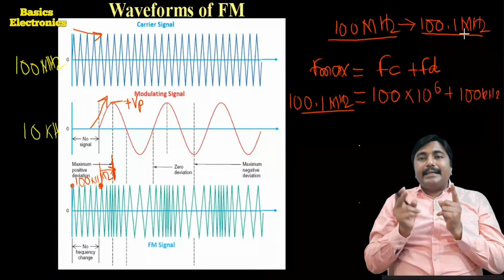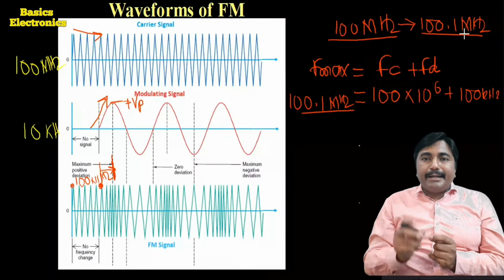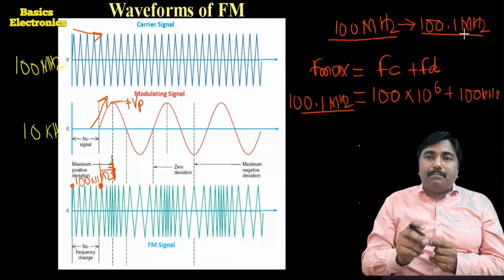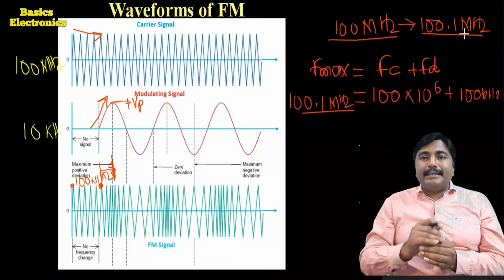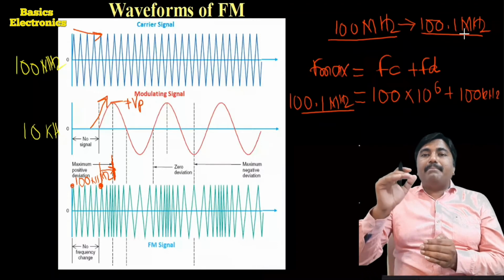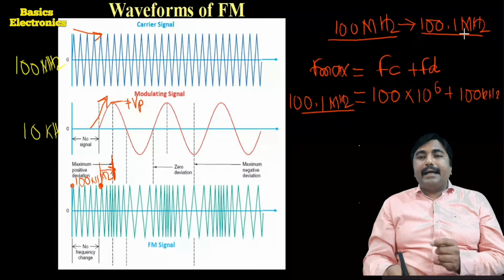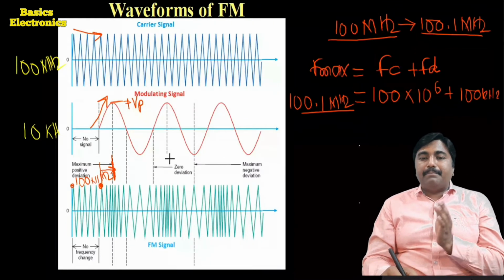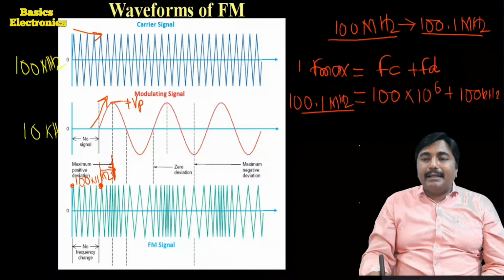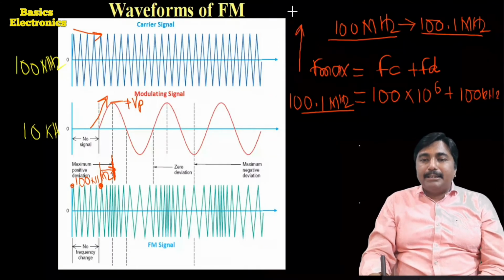It means as the amplitude of the modulating signal increases from 0 towards the maximum positive peak, the carrier frequency, the FM signal frequency, also increases towards its maximum value.